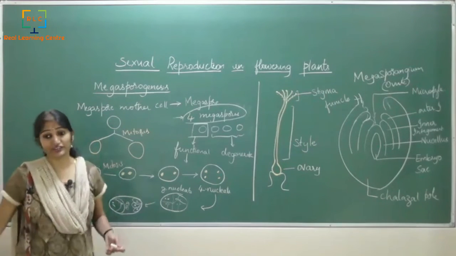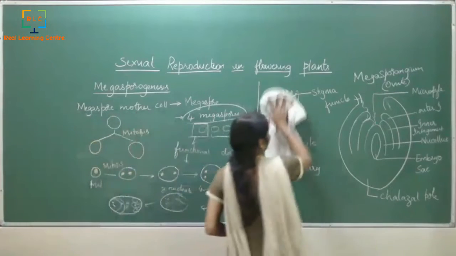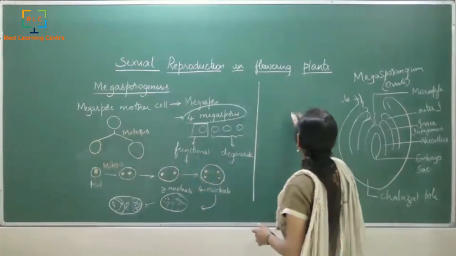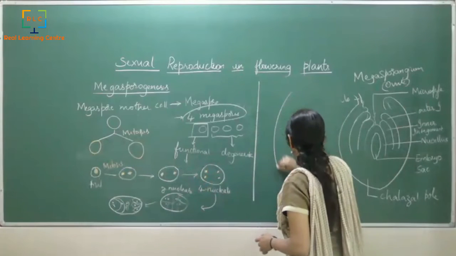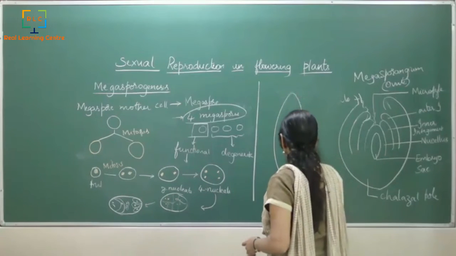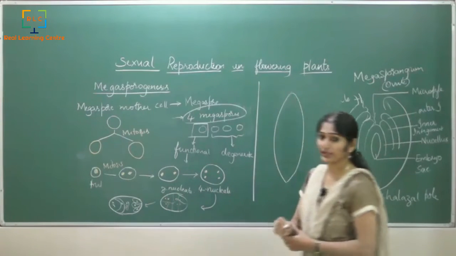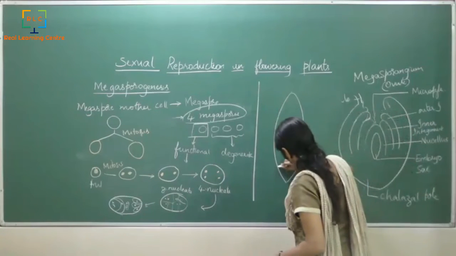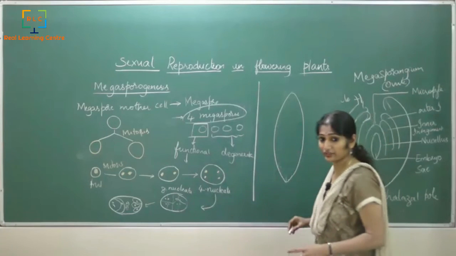Now if I look at all this, I would erase this part of the diagram. Let me write only the embryo sac now. So we have the chalazal end here. I would not write that diagram, I would write the 8 nuclei.